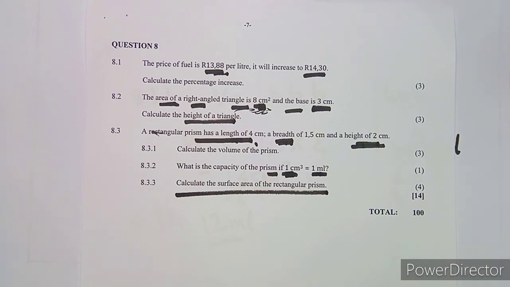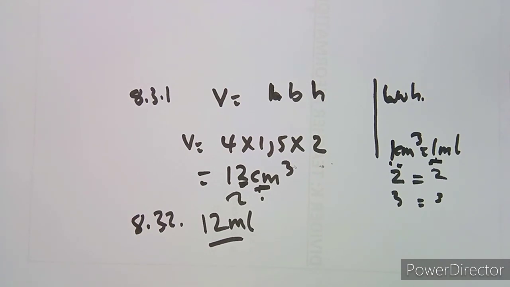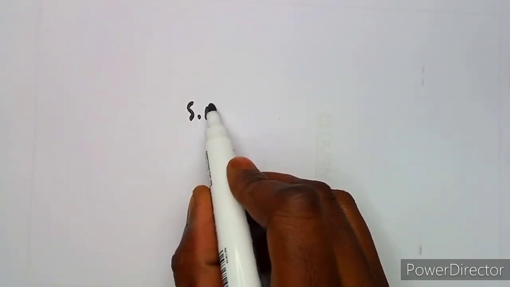I wanted you to see how they give you the formulas there on your formula sheet. But anyways, let me just write it aside. This is what you're going to have from your volume. The surface area is going to be like this.